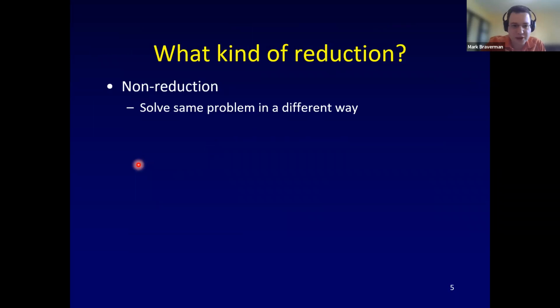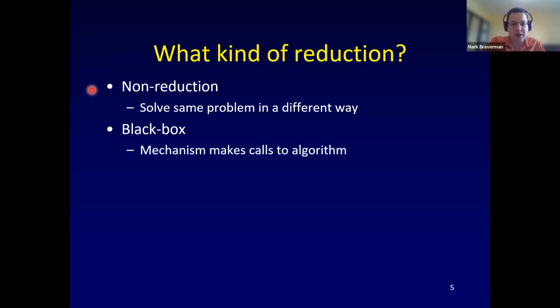So what's a reduction in general? A very common theme in this field is actually a non-reduction, solving the same problem but in a very different way. That's of course always an option. A black box reduction is perhaps the strongest form of reduction, where the mechanism makes calls to the algorithm.